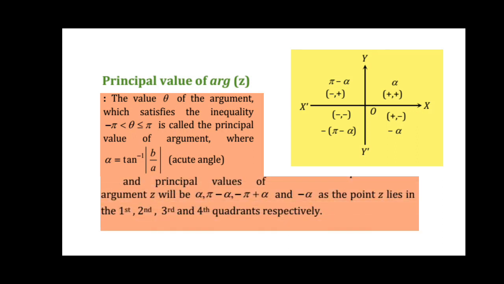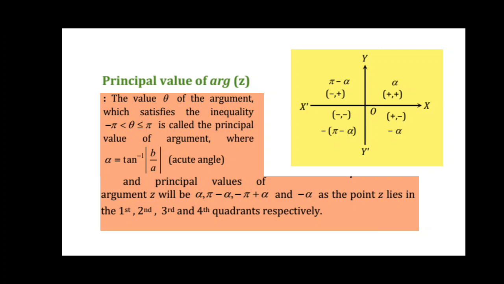The principal value of argument z will be alpha, pi minus alpha, minus pi plus alpha and minus alpha, as the point z lies in the first, second, third and fourth quadrant respectively. If z lies in the first quadrant, the principal value of the argument of z will be alpha. If z lies in the second quadrant, it will be pi minus alpha.